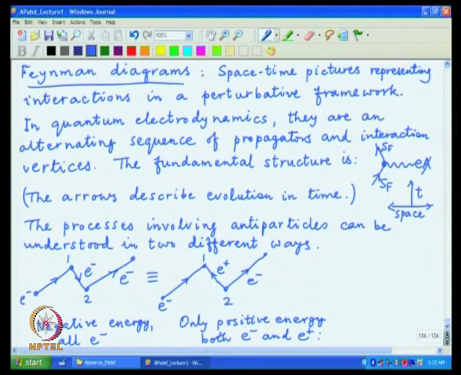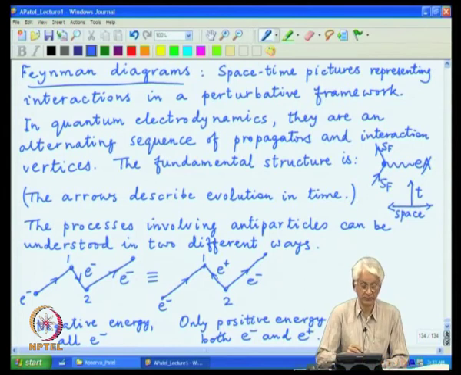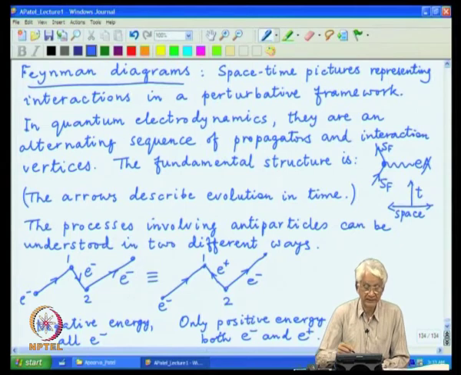And the way we have constructed the formalism, these two descriptions are completely equivalent. One just has to remember the rules of what an electron propagator with negative energy is going to look like, or equivalently what a positive energy positron propagator is going to look like. They will both look identical, and so the factors describing the various segments of this Feynman diagram produce the same result.